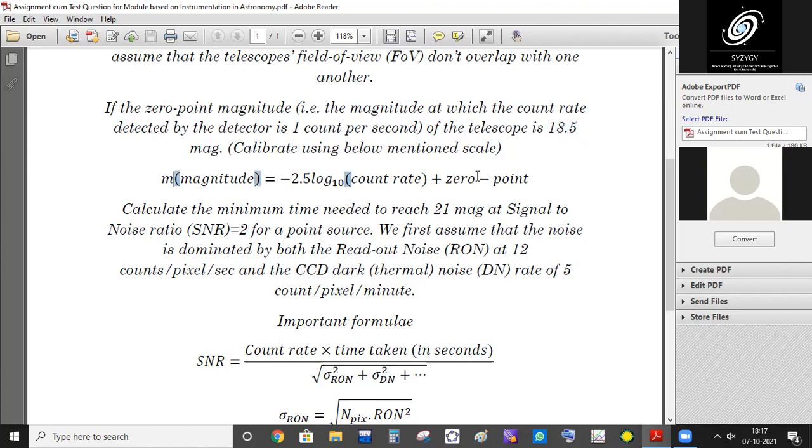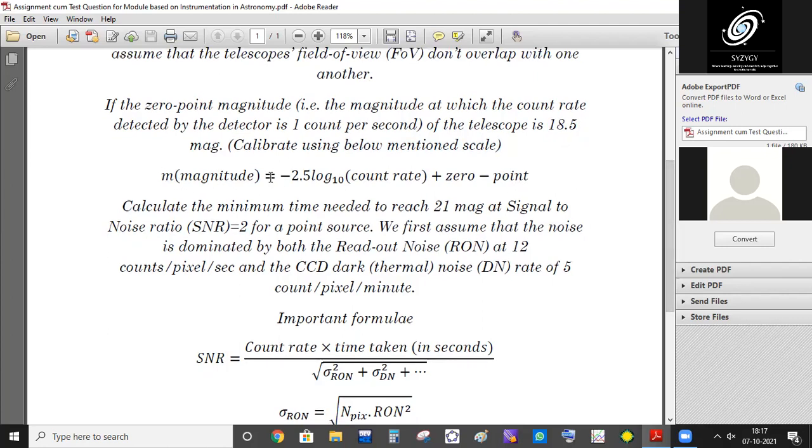And how is this 18.5, the zero point, calculated? It is calculated using this formula. The magnitude of interest is related to the zero point by this formula: magnitude equals minus 2.5 times log of the count rate, plus the zero point. The zero point in itself is 18.5.